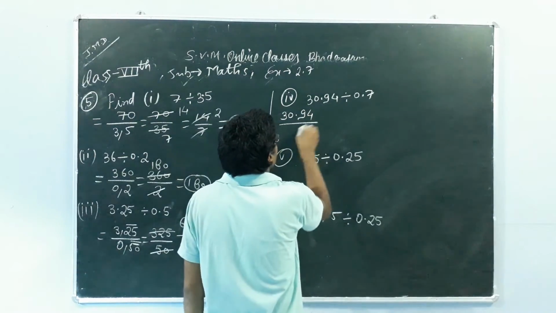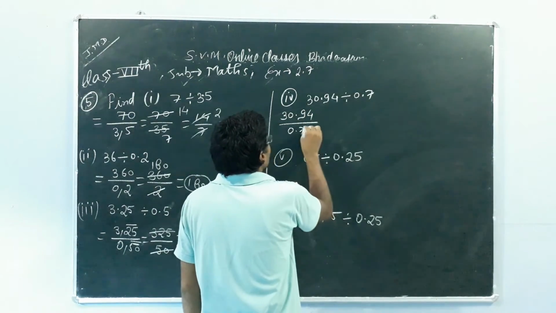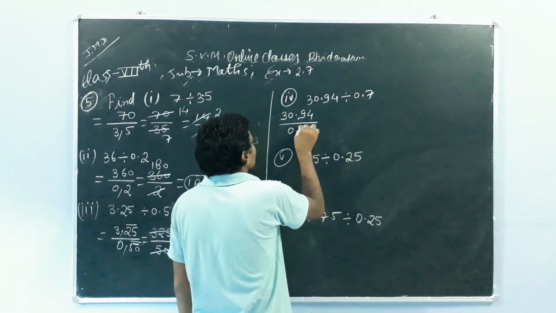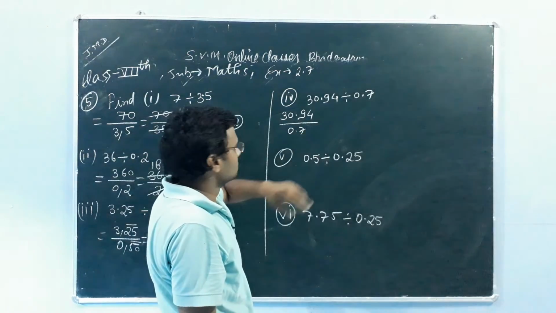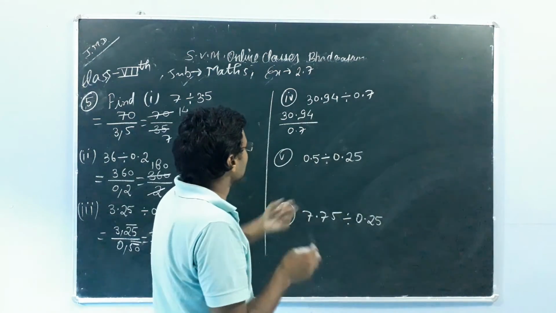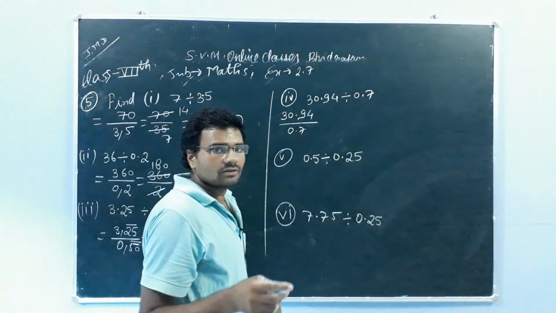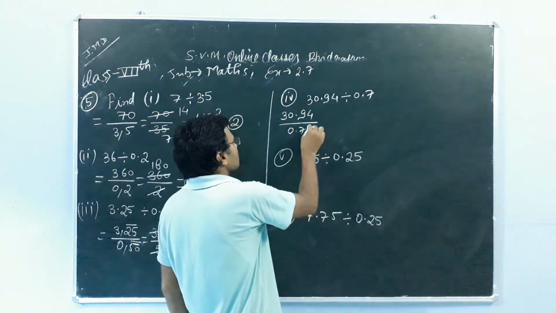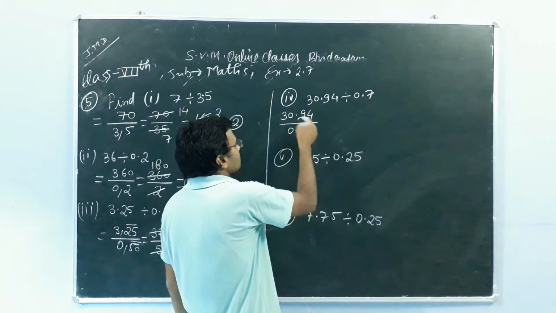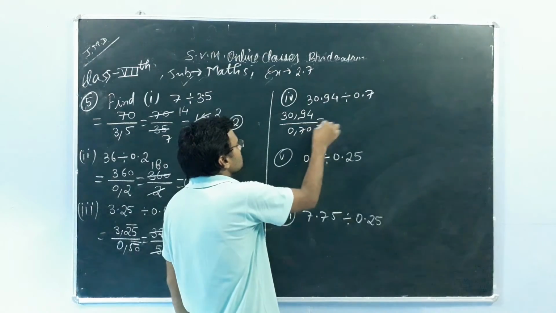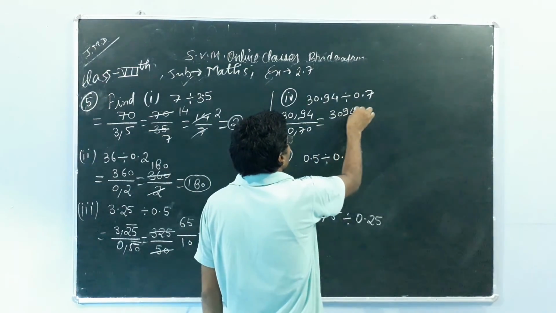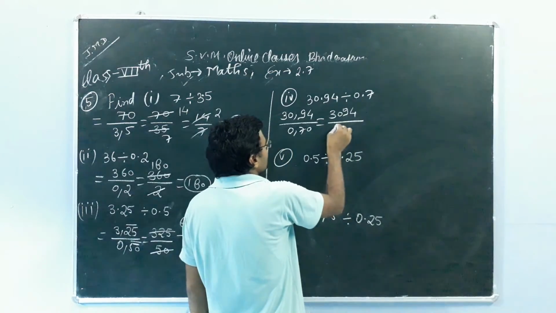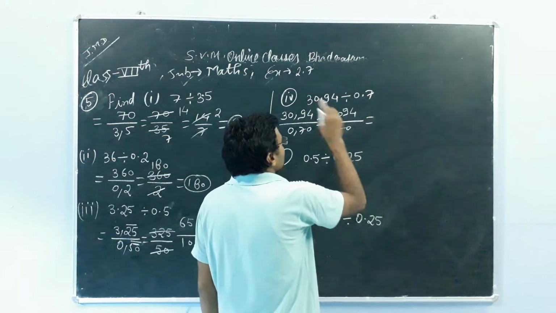30.94 divided by 0.7. Listen, here two digits are coming after the decimal point. In this one, one digit is present, and we have to create another digit, so we will create another digit. Now the same number of digits are coming, we will remove the decimal point. What we get is 3094 over 70. Now we have to divide.